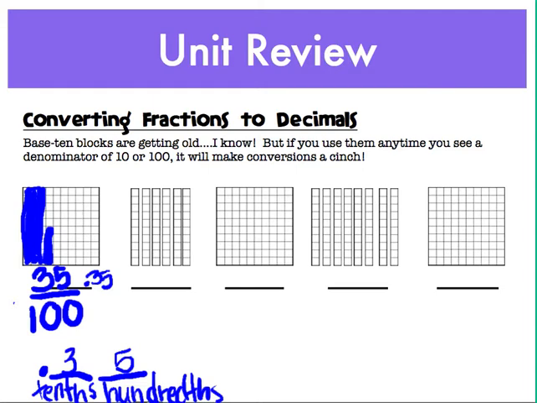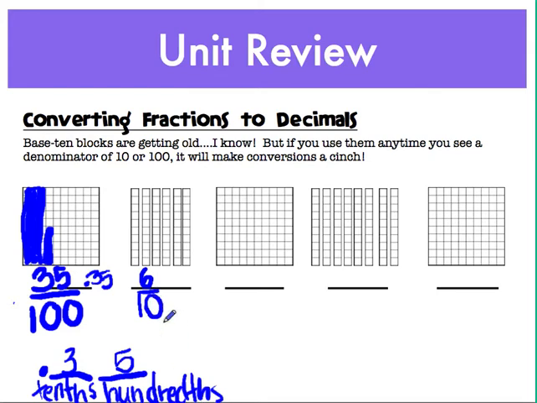Now let's look. Here we have 1, 2, 3, 4, 5, 6 longs. 6 longs is the same as 6 over 10, and we know that because there's 1, 2, 3, 4, 5, 6, 7, 8, 9, 10 in each one.